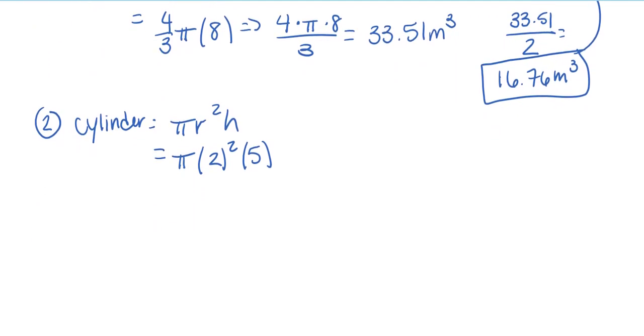So when we calculate this all out, we have pi, 2 raised to the second power, which is 2 times 2, so that's 4. And then we just need to multiply by 5. So what do we get? 4 times 5, which is equal to 20 pi. Usually when you see a number multiplied by pi, you put the number first and then pi after.